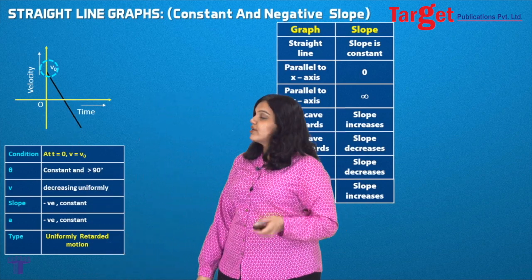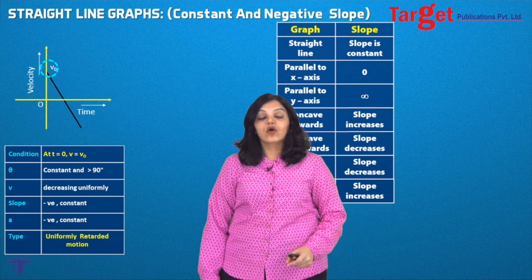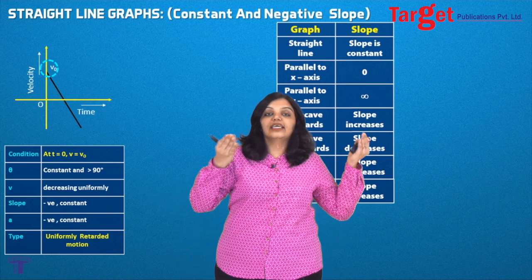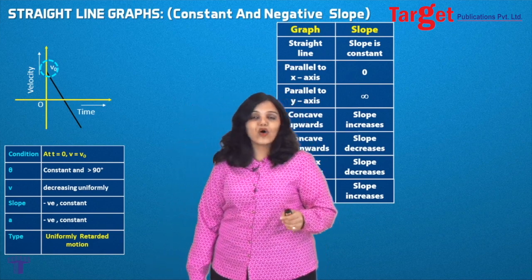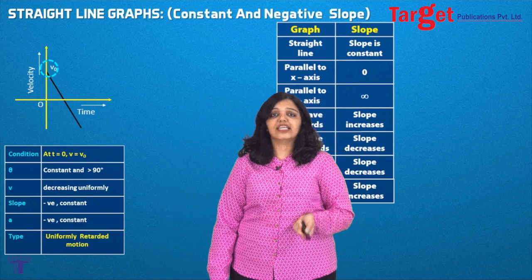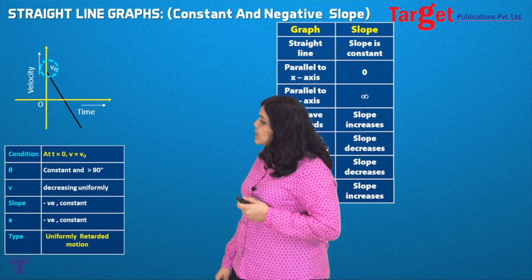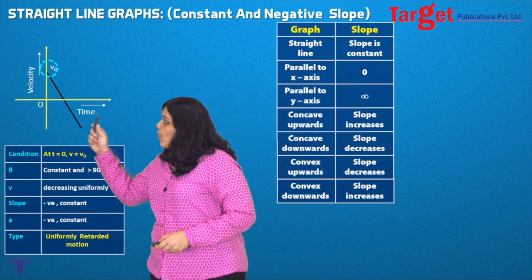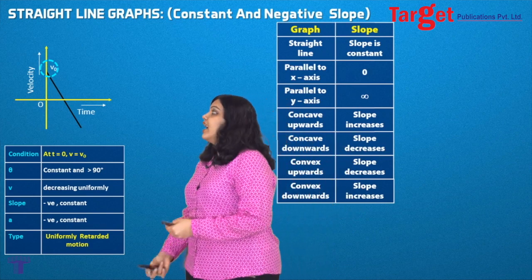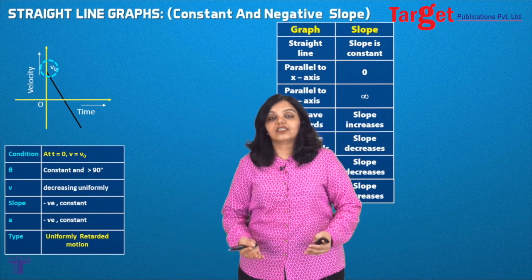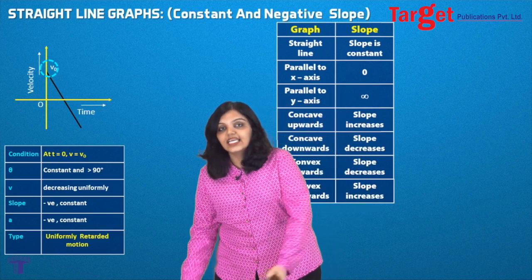What about the slope? The slope now is negative. Why is it negative? Because the line makes an obtuse angle. So the slope is negative. But is the slope constant? Yes, as long as you have a straight line graph, the slope is going to be constant. Now, if the slope is negative and constant, acceleration will also be negative and constant. And finally, if you have negative acceleration, it means velocity is definitely decreasing.